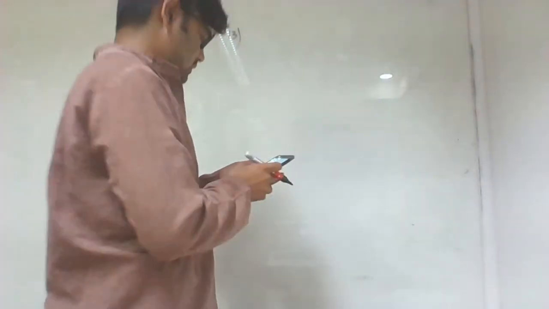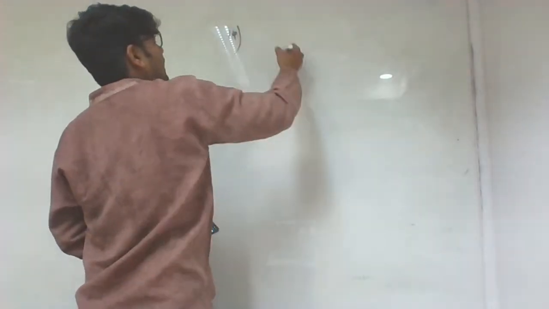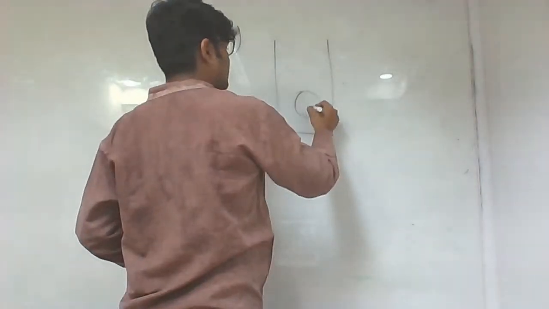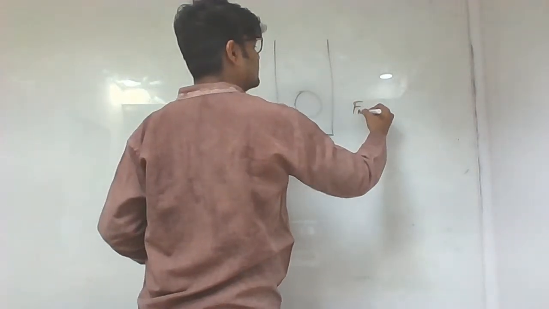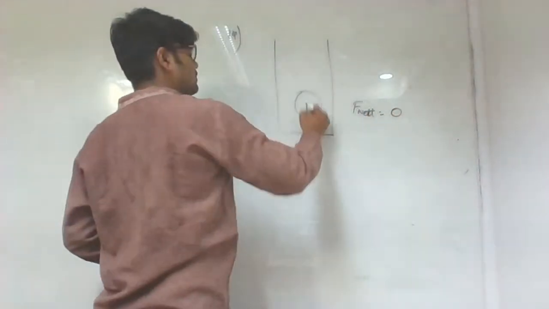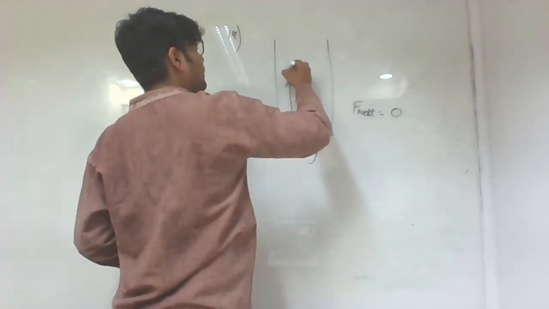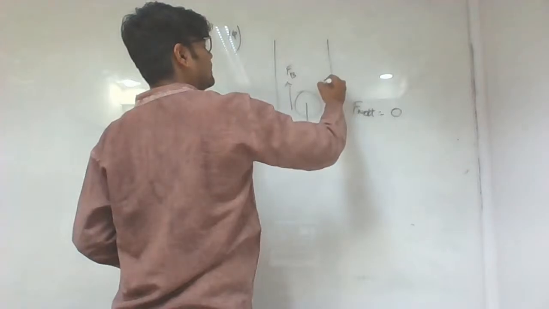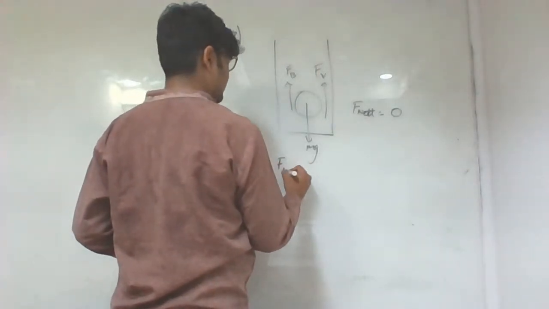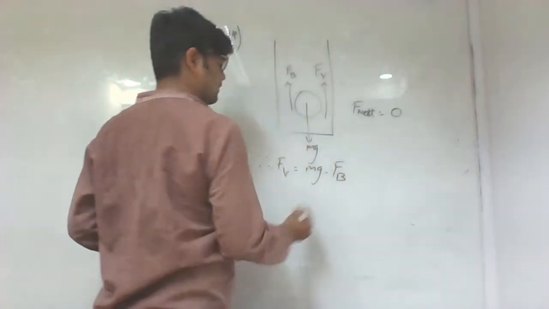Okay, 14th is an interesting question. At terminal velocity for any ball, the net force is zero. So there is gravity, there is buoyant force, and then there is viscous force. Therefore, Fv is equal to mg minus buoyant force.